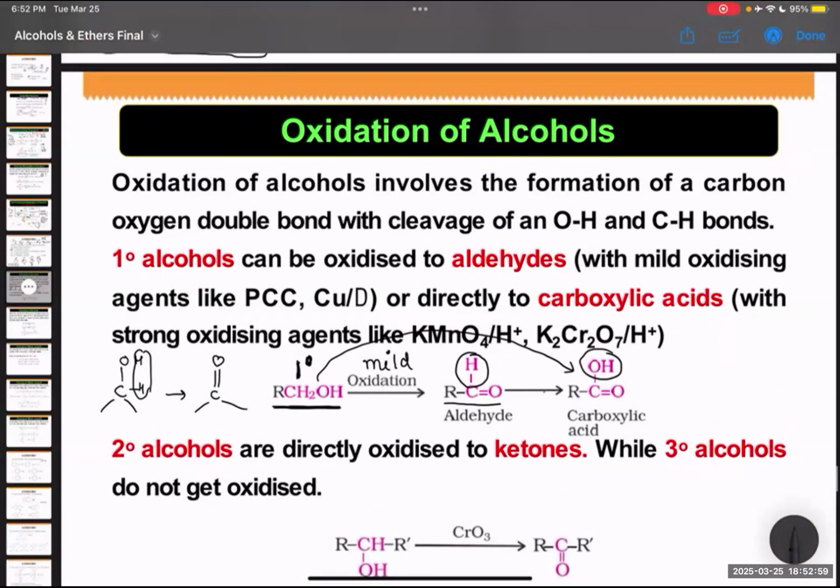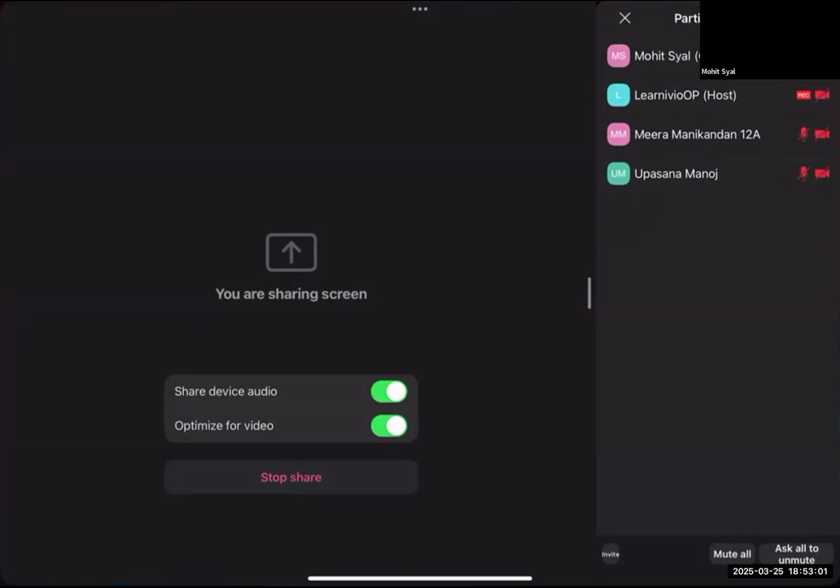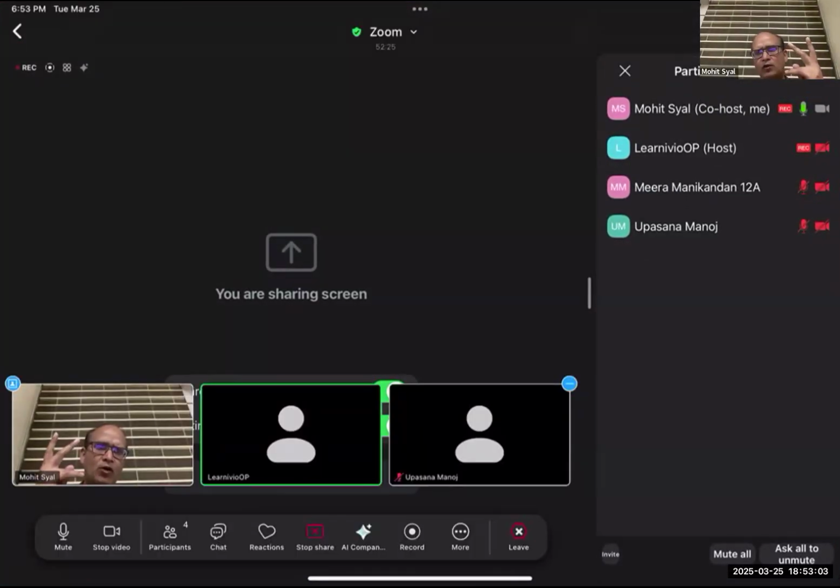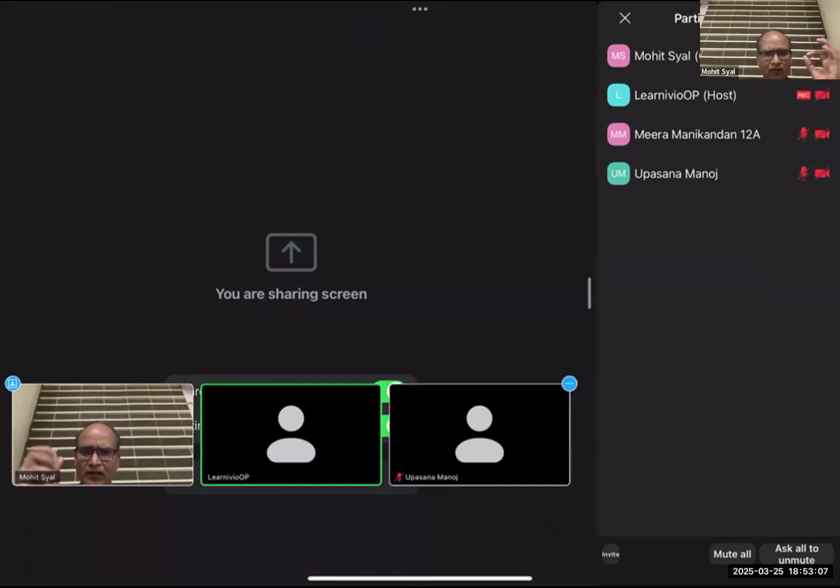So I would like to summarize that the primary alcohol can be oxidized in two stages. If you do the oxidation in a mild manner, with a weak oxidizing agent, you will end up with aldehyde. And if you take a strong oxidizing agent, you will end up with carboxylic acid, for primary alcohols only.